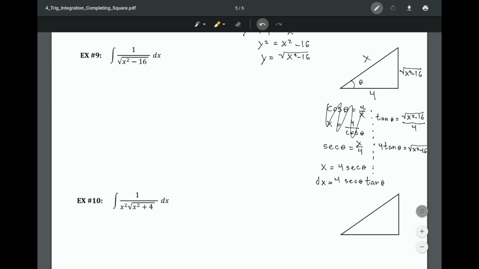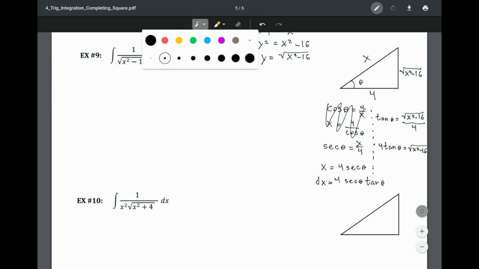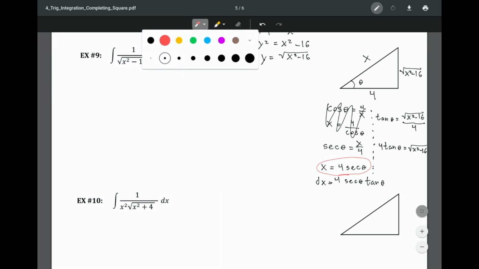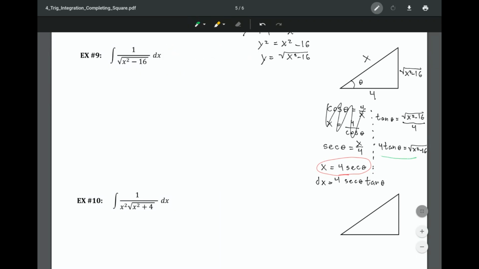So I'm going to use substitution now. I'm going to use different colors again. I'm going to substitute the x with this. I'm going to substitute the square root of x squared minus 16 with this.